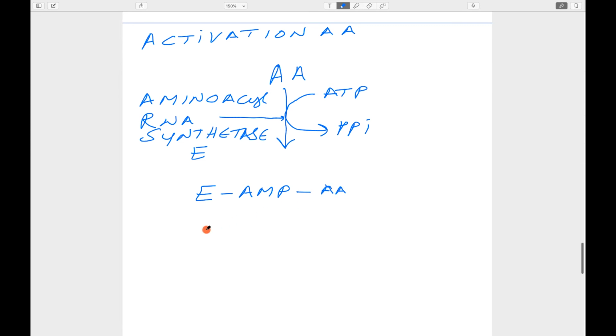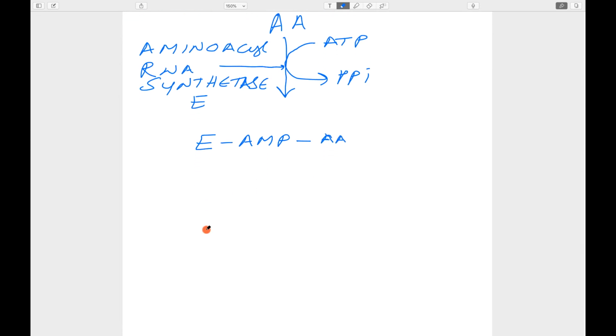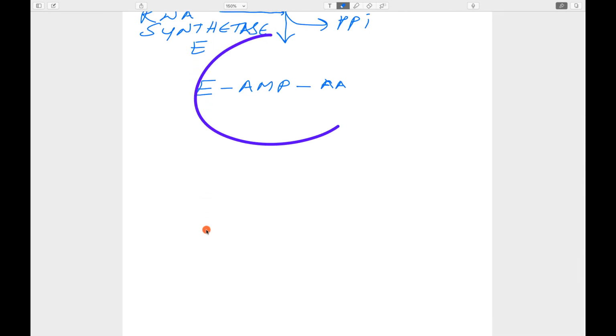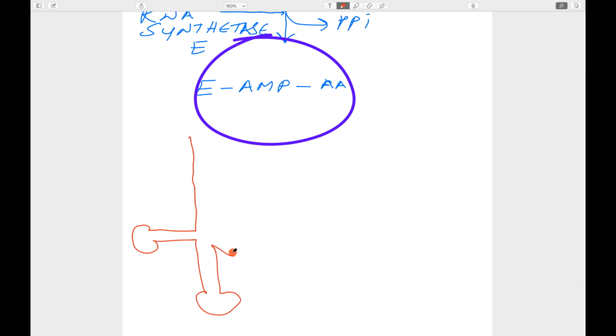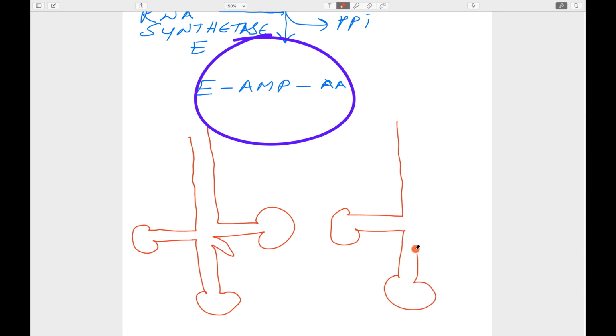Okay, then what happens to this one? Let us see here. I will write what happens next. We take up the transfer RNA. This is the transfer RNA, so I am drawing the transfer RNA. Again, the second one which I am writing here.